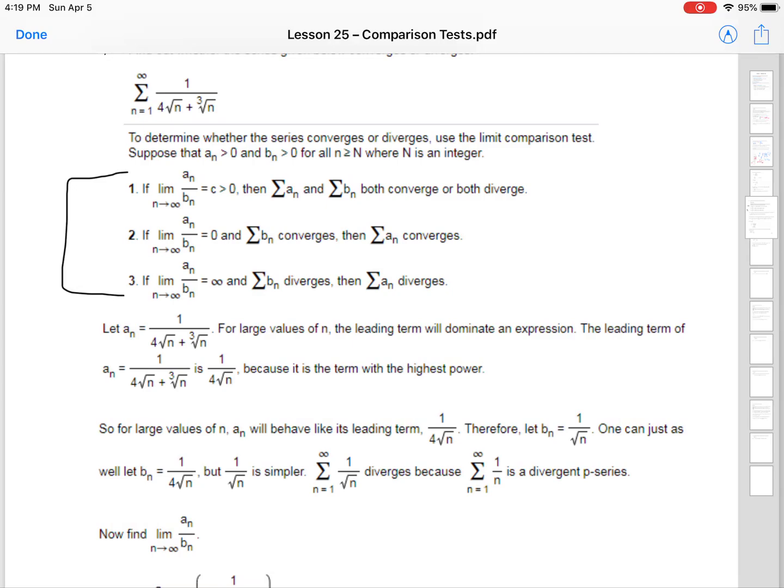Now we have to come up with our own made-up series. So to start off, b sub n equal to 1 over 4 times square root of n. Or we can actually simplify that a little bit further and just use 1 over square root of n.